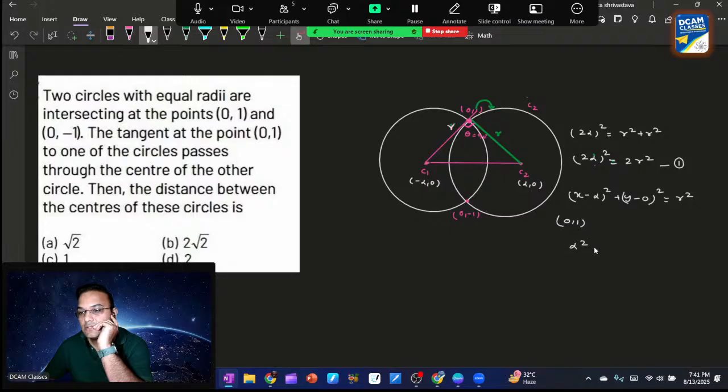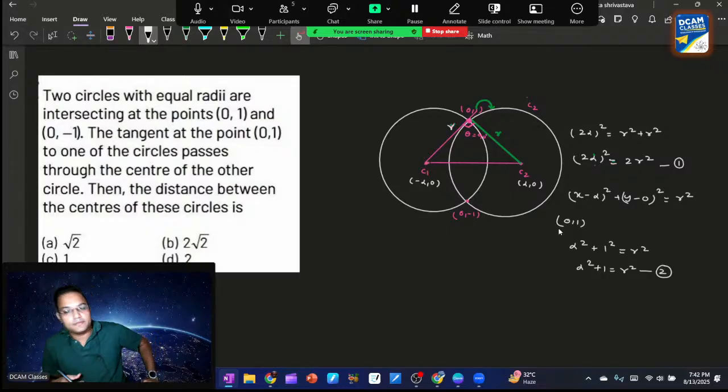So alpha square plus 1 square is equal to r square. Alpha square plus 1 is equal to r square. This is the second condition. Now using the first and second condition, you can find out the radius. You understood how we find out the radius? Haripriya, tell me, is it okay?